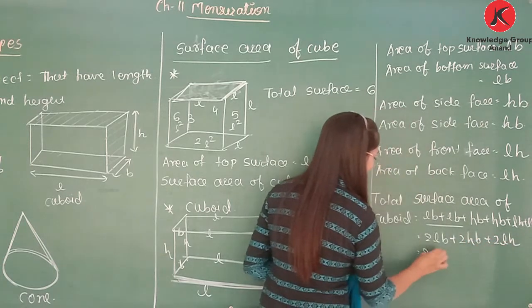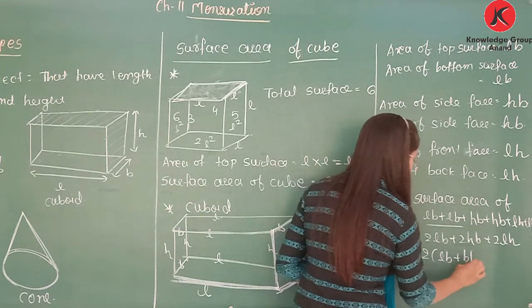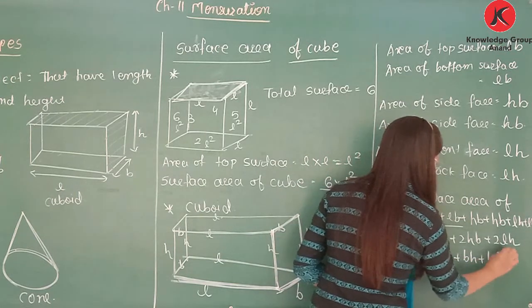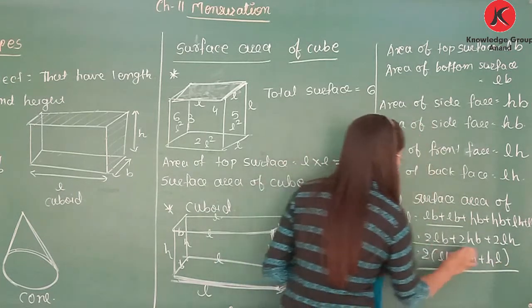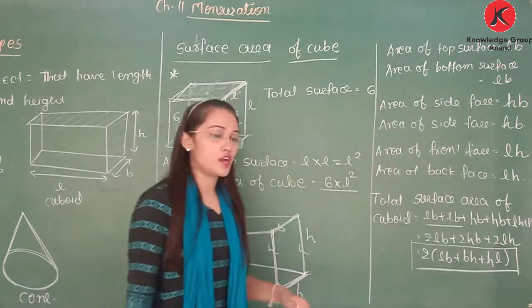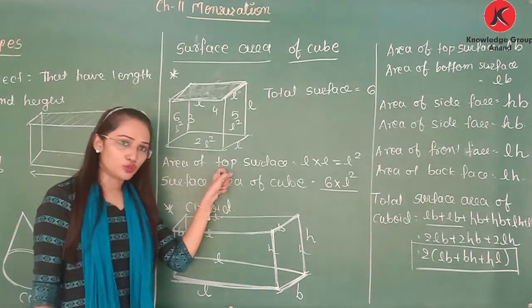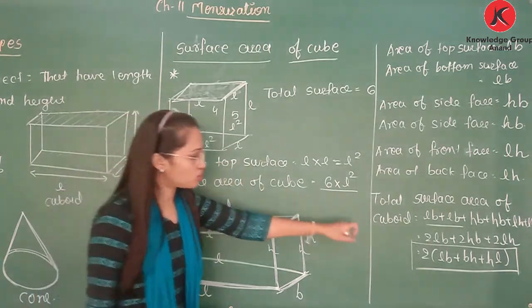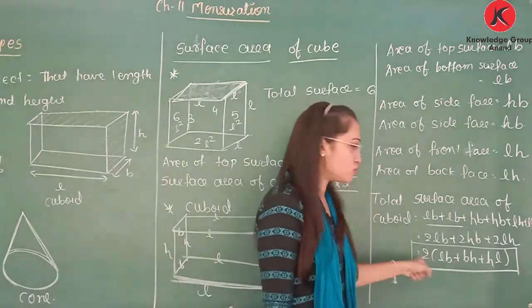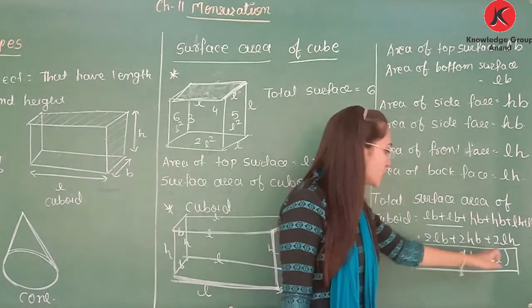Take 2 common, so it is 2 times LB plus BH plus HL. So this is the equation for the total surface area of a cuboid. What you need to remember: the total surface area for a cube is 6L square, and the total surface area for a cuboid is 2 times LB plus BH plus HL.